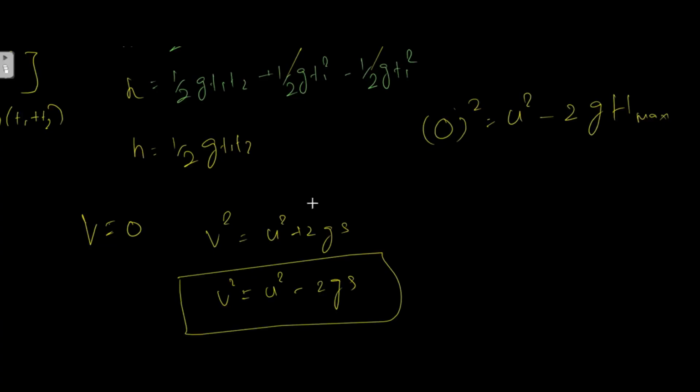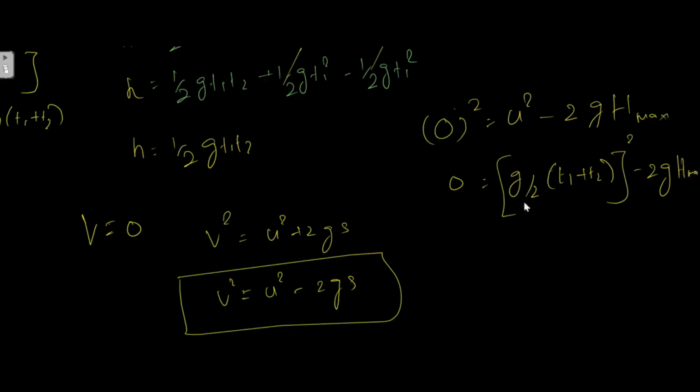U is already found as g by 2 (t1 plus t2), whole square.